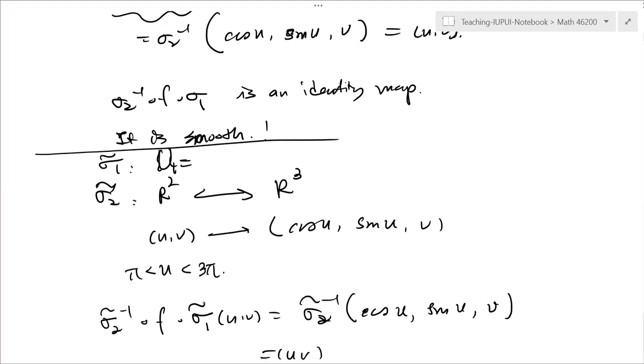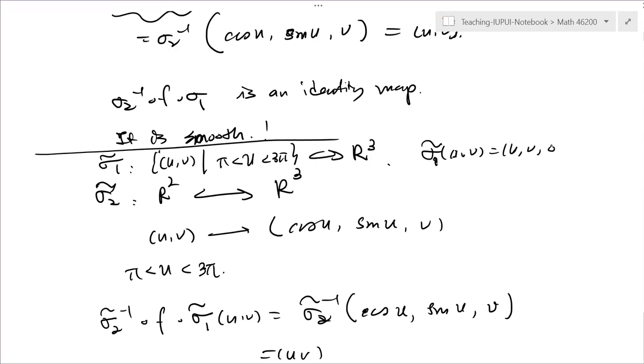So this is from R2, but this is from, let's see, U and V between pi and 3 pi, into R3, okay? So sigma 1 of UV is going to be just UV and 0, okay?